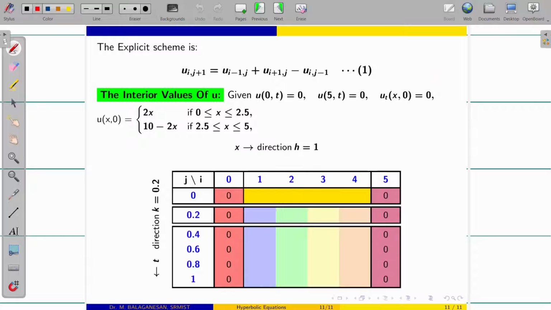Now we have to find the interior lattice points. So how to do the first time step?